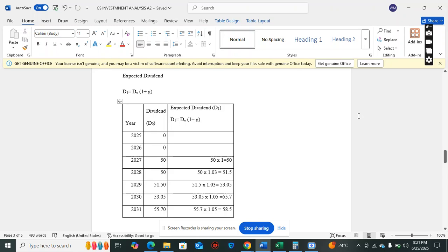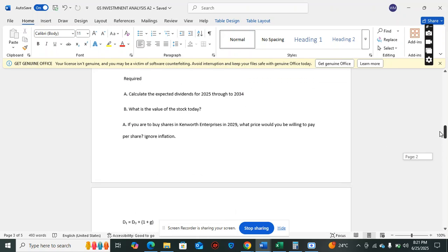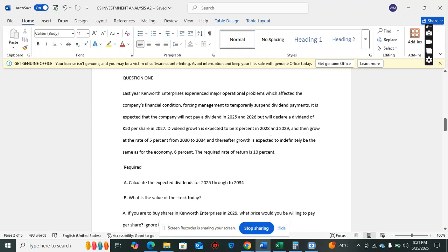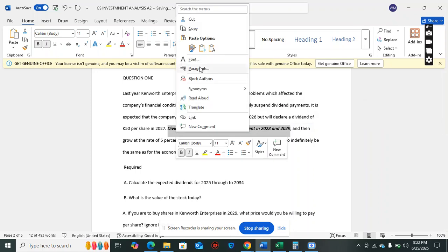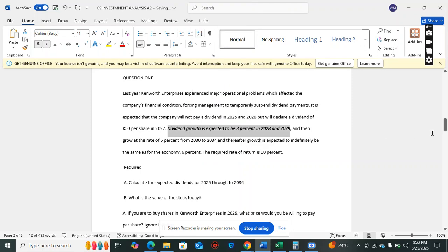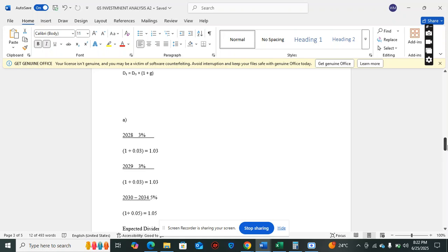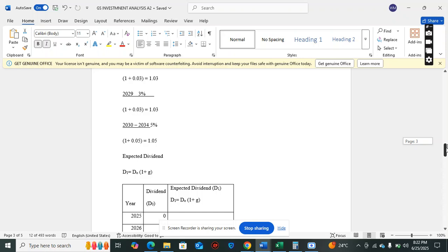All right, so now they told us in the question, if you remember, they said dividend growth is expected to be 3% from 2028 to which year?